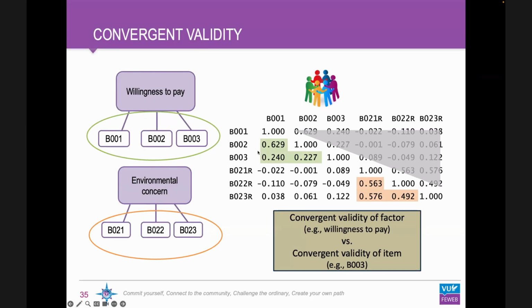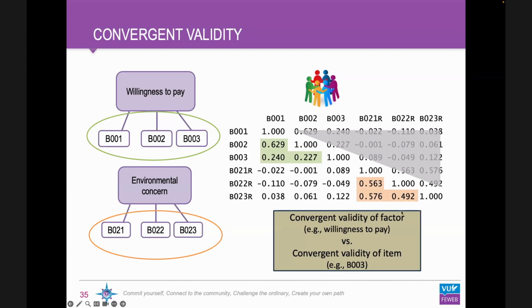With that threshold, for instance, you see that item 2 is highly correlated with 1, but item 3 is actually not highly correlated with 1 or 2. So this might be concerning for the convergent validity of this willingness to pay construct.